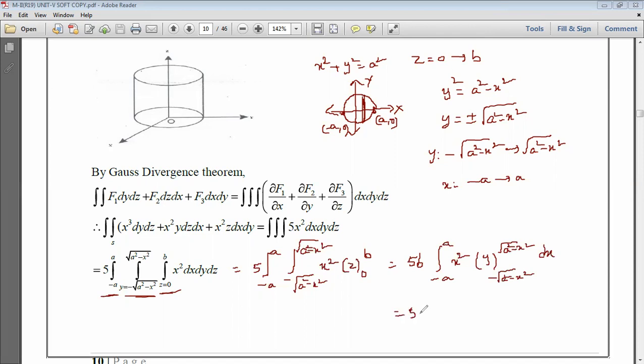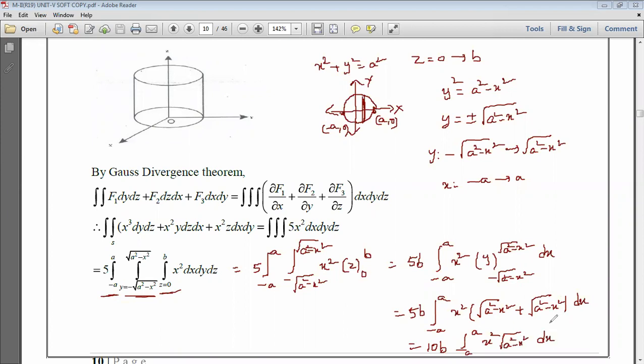So 5b into integral minus a to a x square into square root of a square minus x square, and again if you substitute the limits, we'll get square root of a square minus x square dx. So it means 2 into this: 10b into integral minus a to a x square into square root of a square minus x square dx.